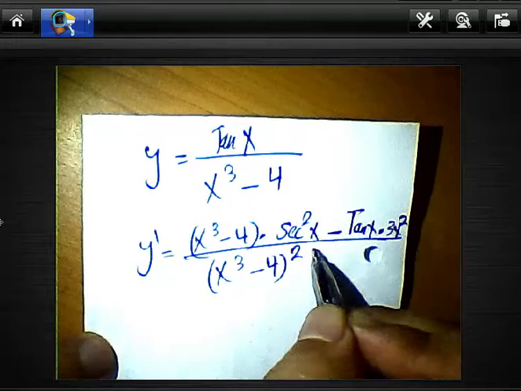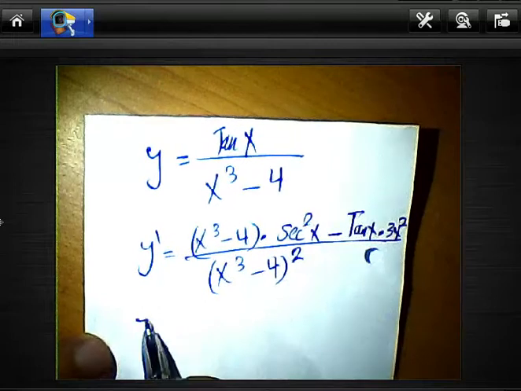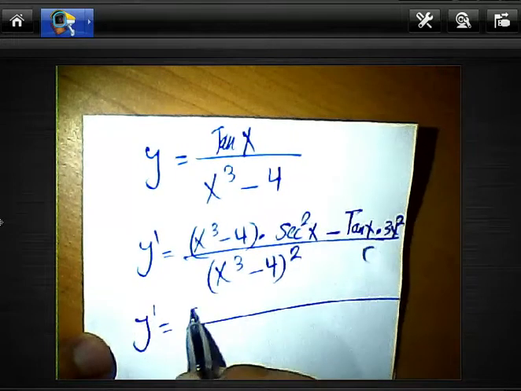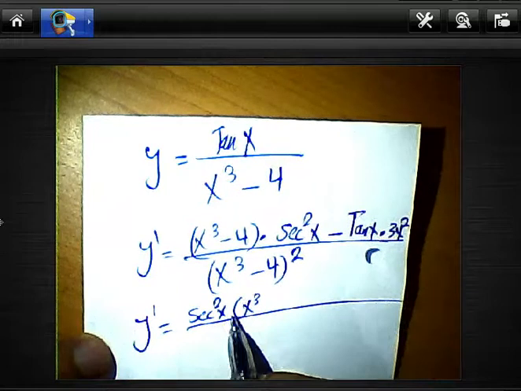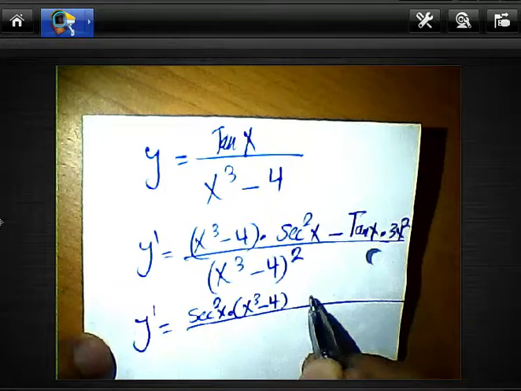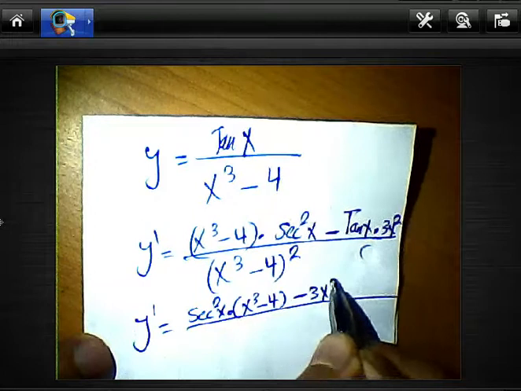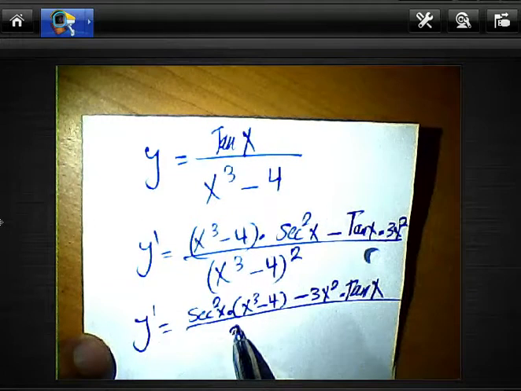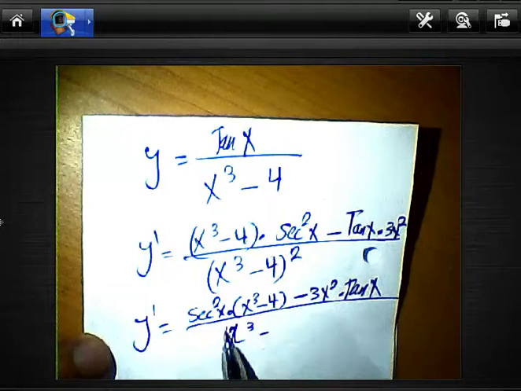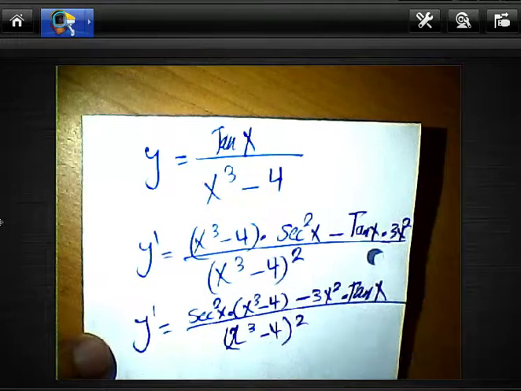It's okay, and we can replace it here: sec power 2x multiply by (x power 3 subtract by 4), subtract 3x power 2, 10x over (x power 3 subtract by 4) all power 2.